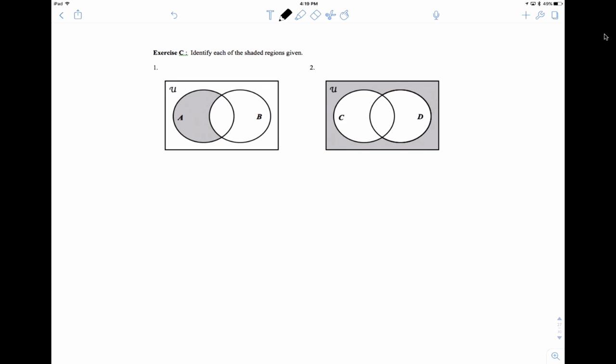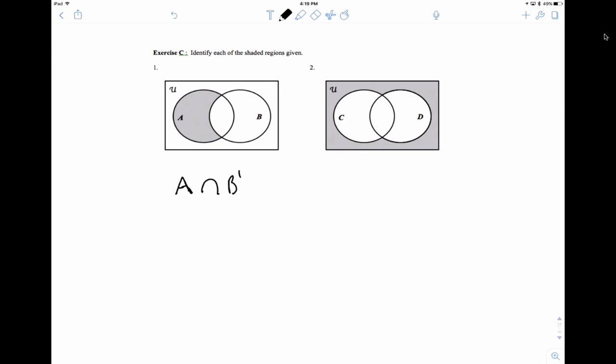We're not dealing with a union because there's stuff that's excluded. So like, that's excluded. So it's all of A. It's for sure A. And not B. It's everything that's not B. So it's A intersection not B.